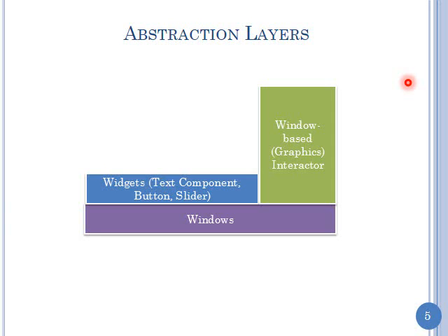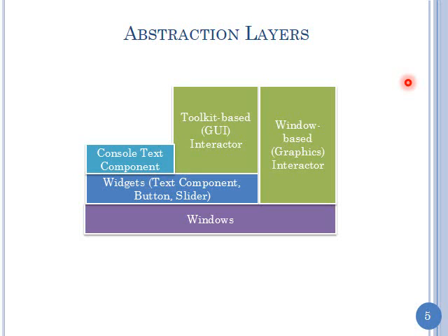Text component, button, slider, and so forth. And now the applications you build are either toolkit-based or GUI apps. Or you can say, I'm going to put a particular console text component on top of this, and then we have a console-based interactor. So there are three levels of abstraction here.